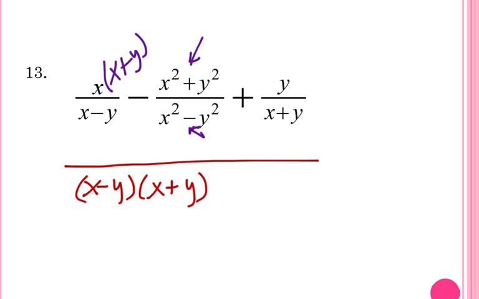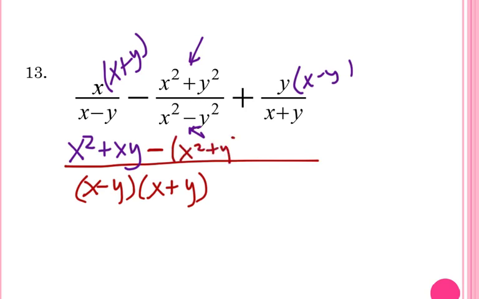And then this one on the right needs an x minus y. So x times x plus y. And then I'm going to watch this negative sign right there really closely. So I'm going to put the minus x squared plus y squared. And then I'm going to have plus xy minus y squared.